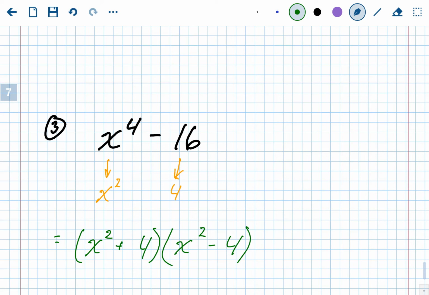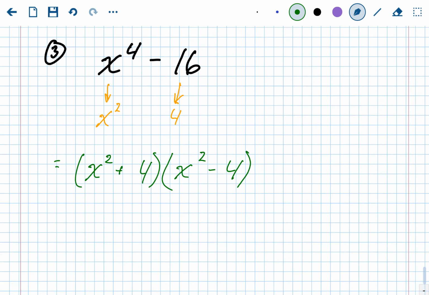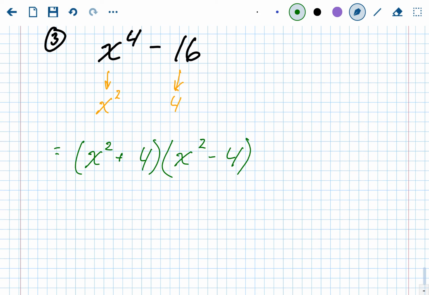Okay. So this looks like it's in factored form now. The problem is it is factored, but it's not factored completely. Okay. We still have two binomials here. X squared plus 4 is a binomial. It's not a difference of squares, though, because you're not subtracting. However, x squared minus 4 is a difference of squares.